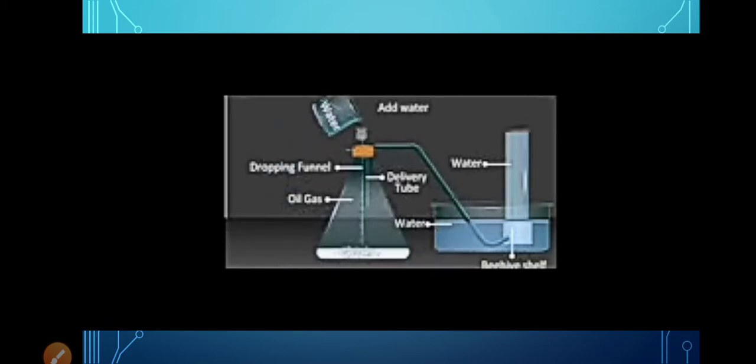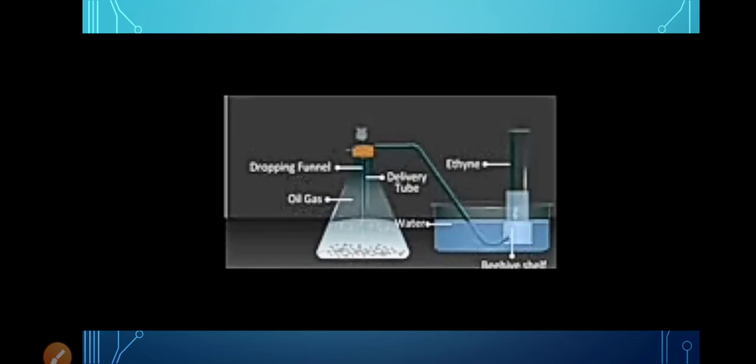When we add water into the flask, the reaction takes place instantly and ethyne is produced, and you can see the bubbles of ethyne passing through the delivery tube. It can be collected by the downward displacement of water. Why? Because ethyne is lighter than water, so it will be collected above the water, as you can see in the figure.